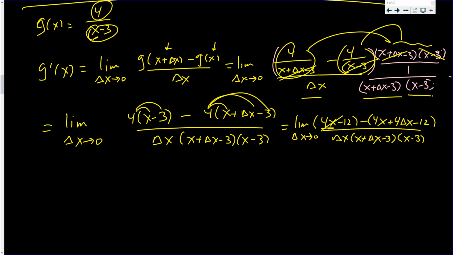This is 4x, that's 4x, and we are to subtract them. They're gone. This is negative 12, that's negative 12. When I subtract it, I get 0.